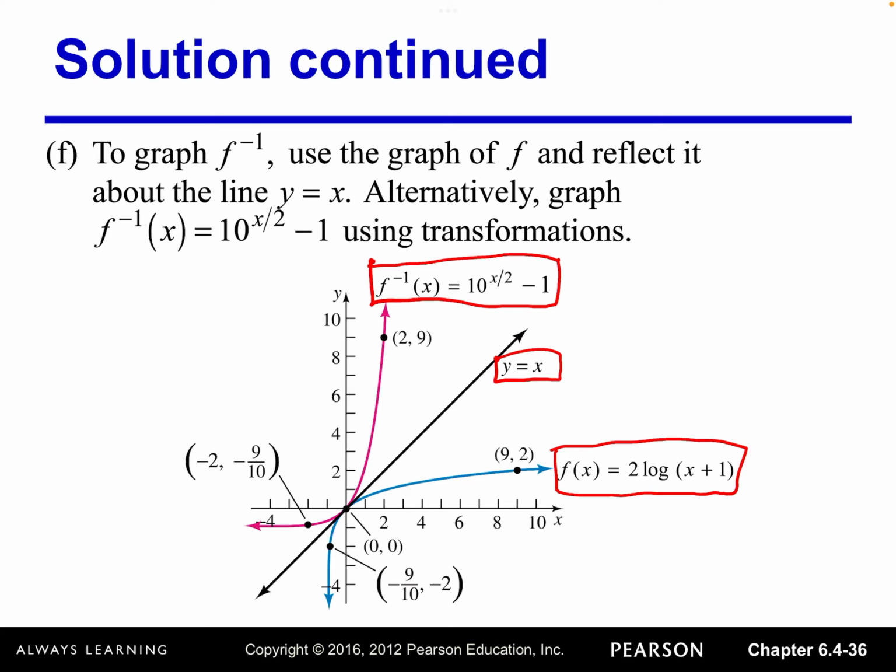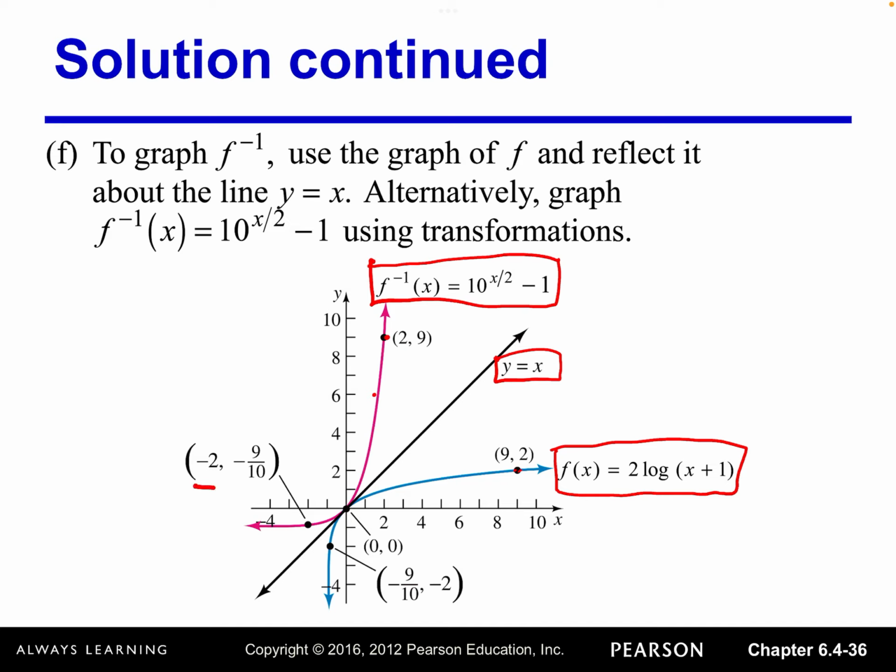The red graph comes from the symmetry property, with x and y swapped. You pick several points from the original function's graph and switch x and y.